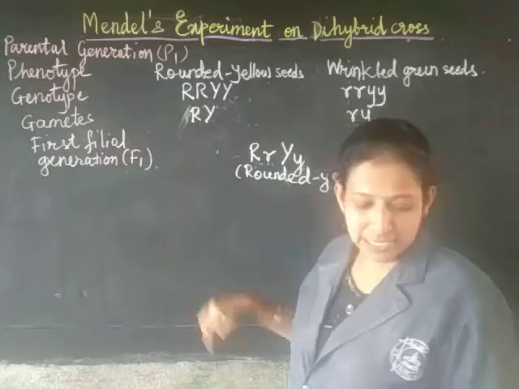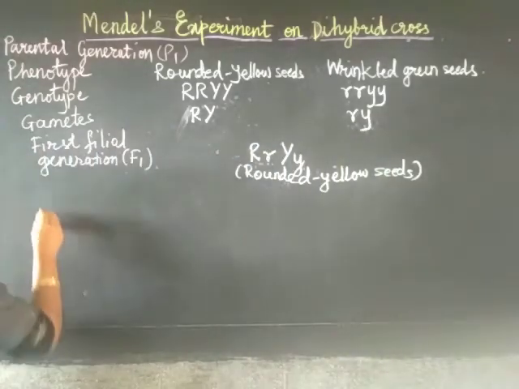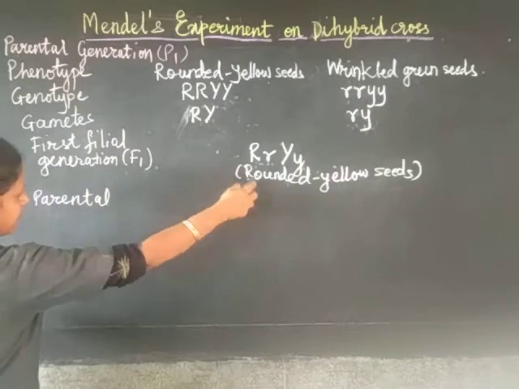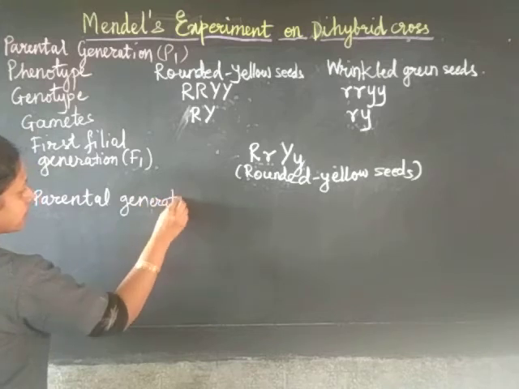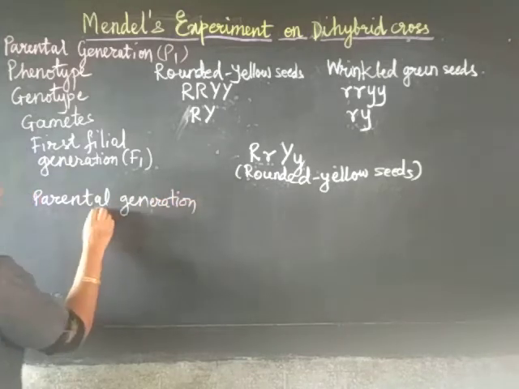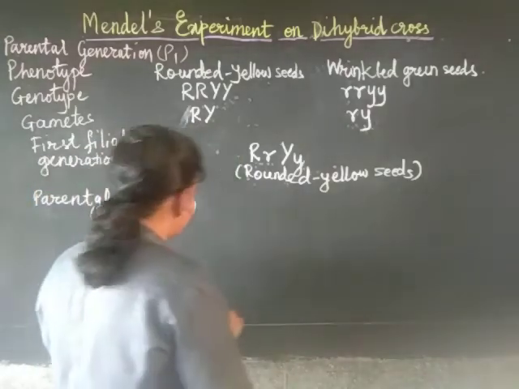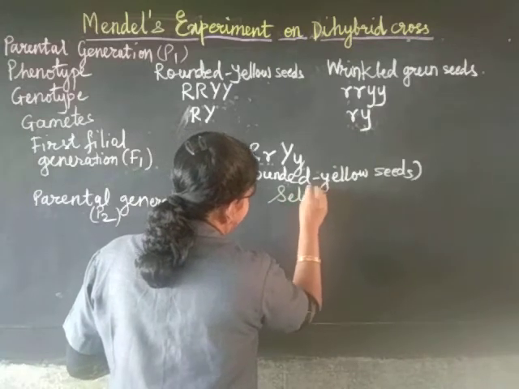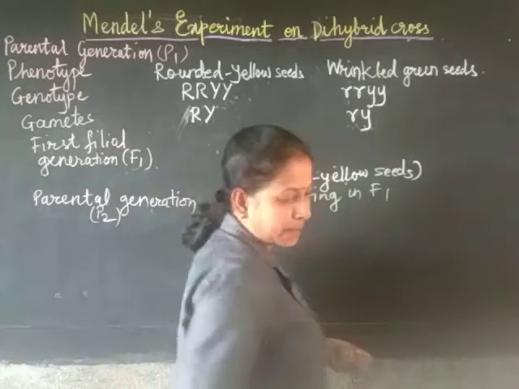This first generation is later called the parental generation, which was also called the first filial generation, and is now called P2, the parental generation wherein selfing is done. Selfing is done in F1.